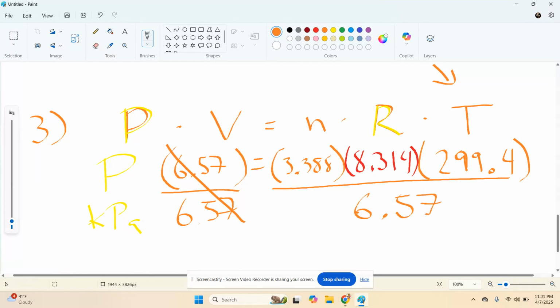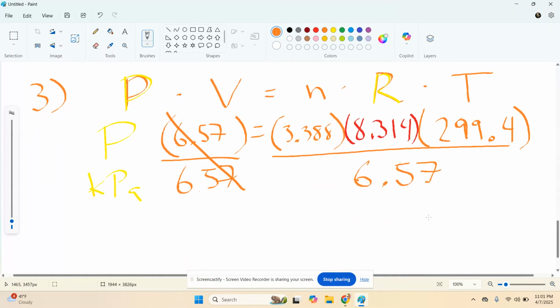So the pressure is equal to 3.388 times 8.314 times 299.4, and I'm getting the sense this is going to be a big number, divided by 6.57. So I'm going to plug that into a calculator.